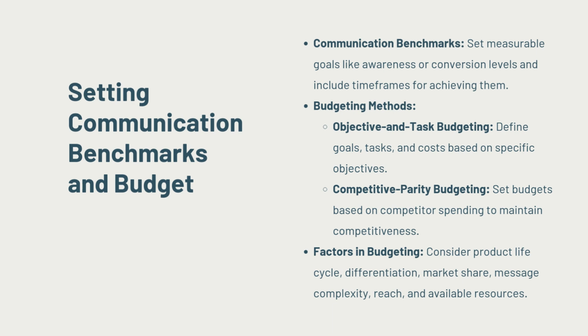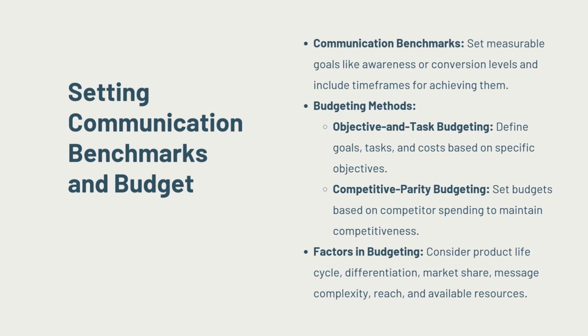For example, if a brand's objective is to increase social media engagement, the tasks could include creating engaging content, hiring influencers, or boosting online posts. Each of these tasks has its own cost, and by adding all these costs up, the brand arrives at a total budget that's closely aligned with its goals.